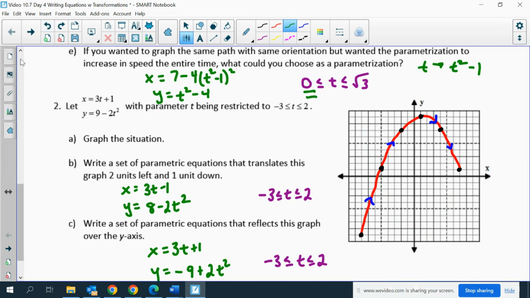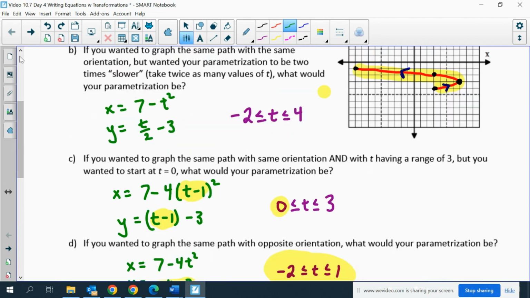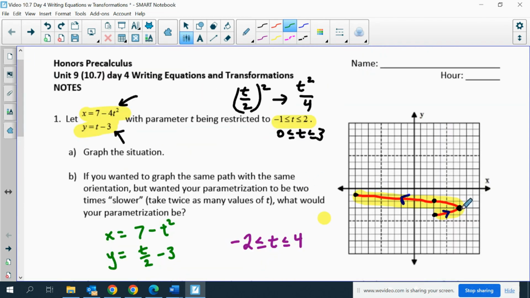So what do we notice if we're changing the graph versus changing the parameterization? Now in problem 1, nothing changed about what the graph looked like. It's just sometimes it started in a different spot, it went faster or slower, or went in a different method. And all we did was change what the t's looked like. But notice that the 7 and the 3 stayed the same.